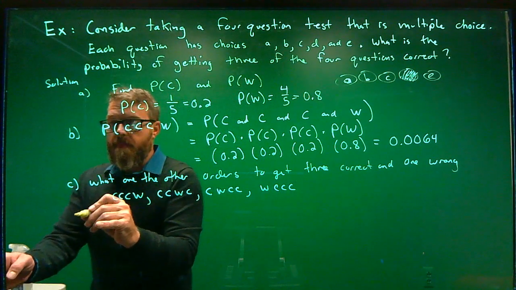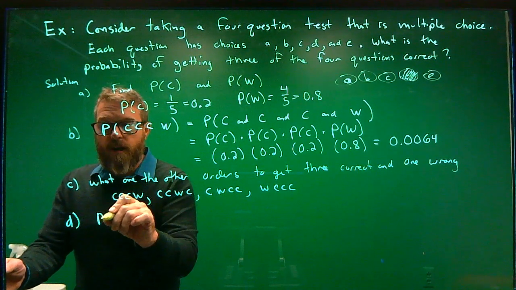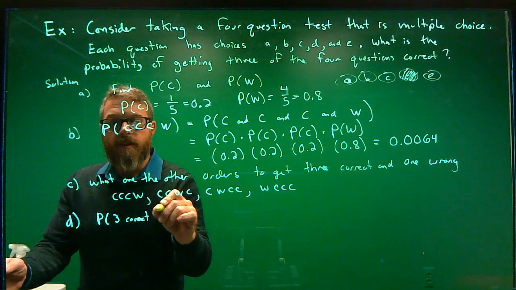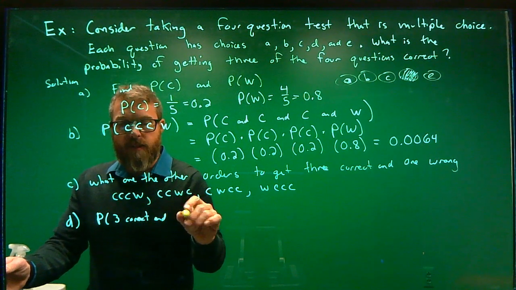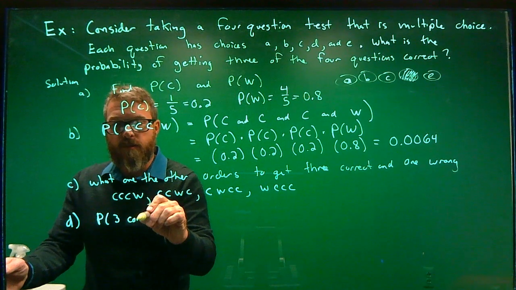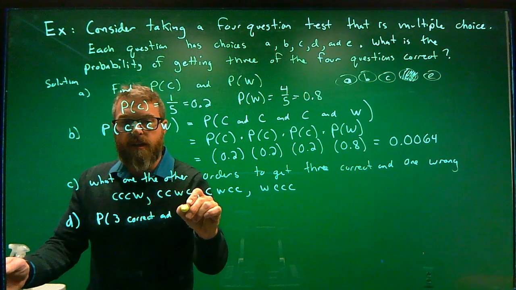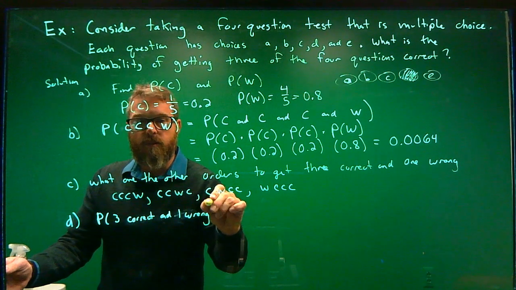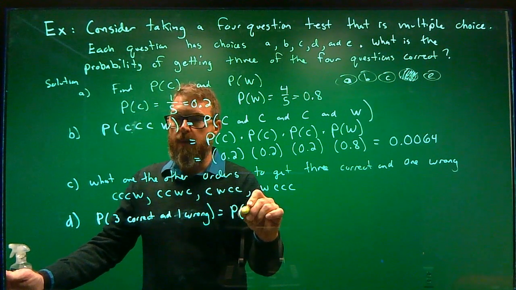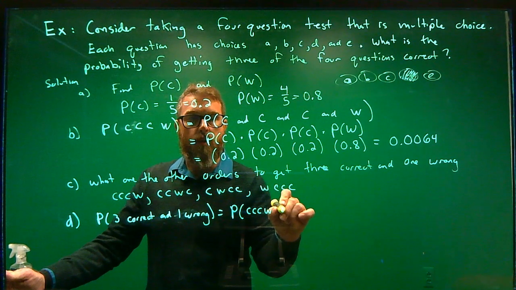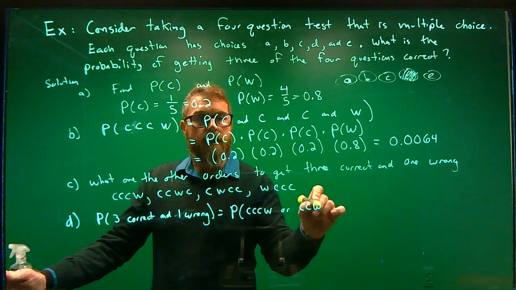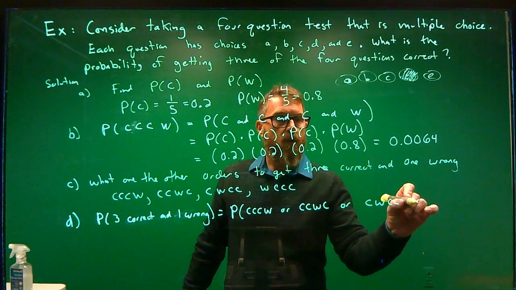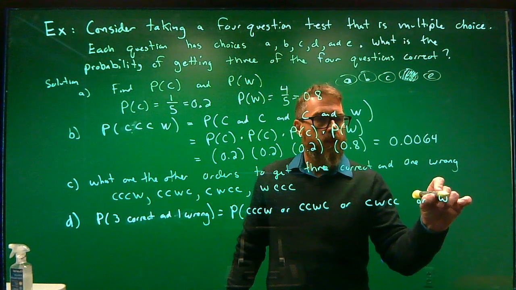Well, we know that the probability of, let's say, 3 correct and 1 wrong really would be the probability of CCCW or CCWC or CWCC or WCCC.